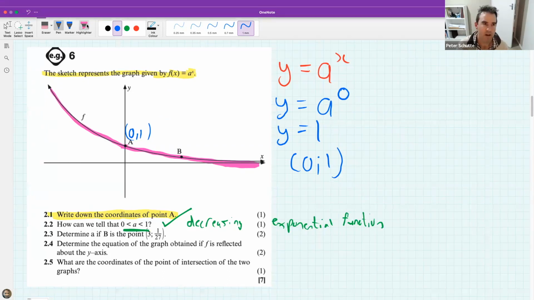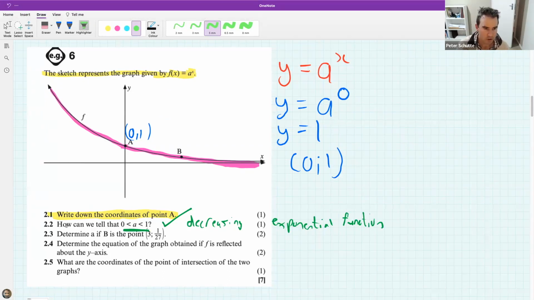We're going to take a break. I want you to determine A if the point B is 3 and 1/27. So determine A if B is the point 3 and 1/27. So that is the point B there. And they're saying work out what the A value is. Over to you guys.